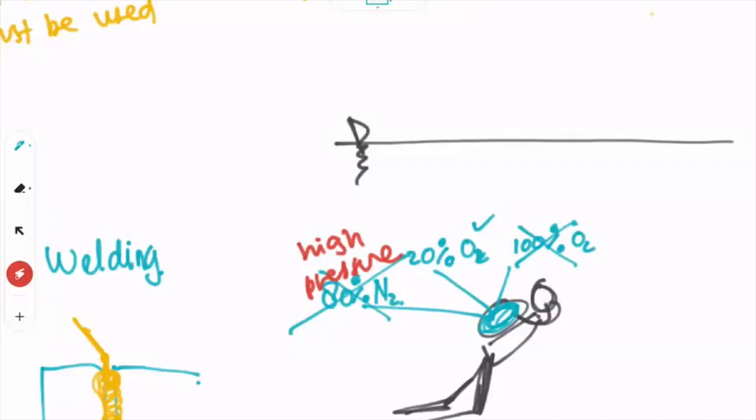So what do you do? Argon? Argon has a problem. It's heavy. Neon? They take the lightest, helium. Then after they're done diving, they get squeaky voices, is it? Yes.